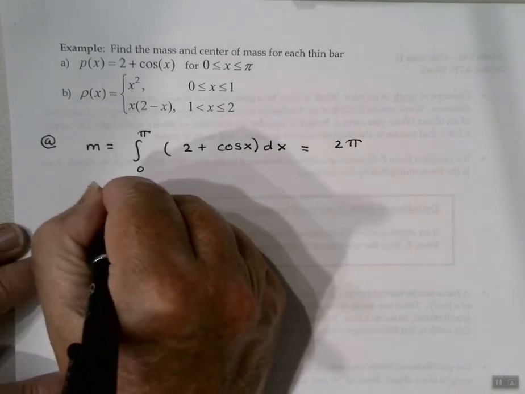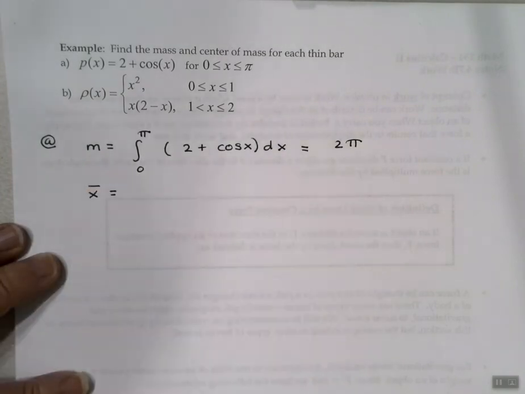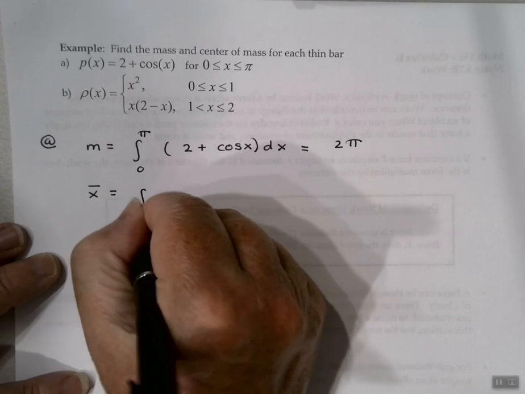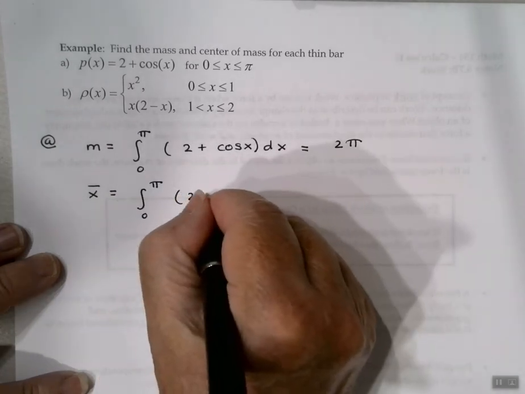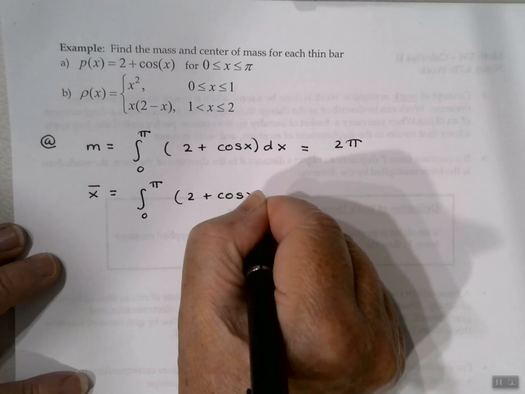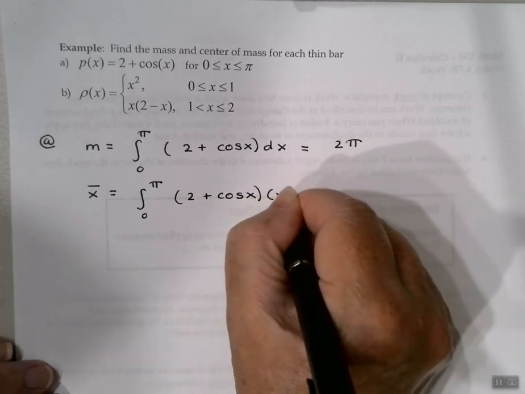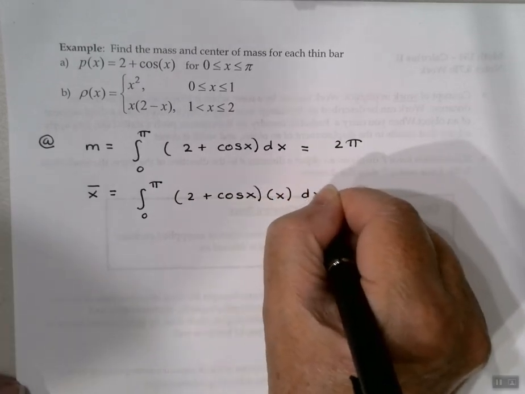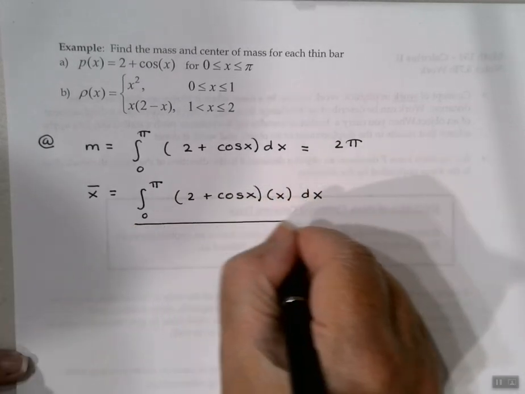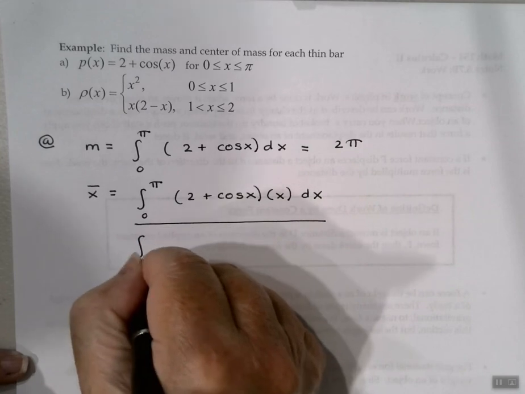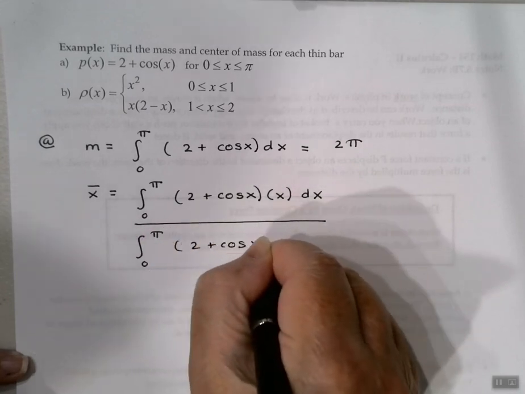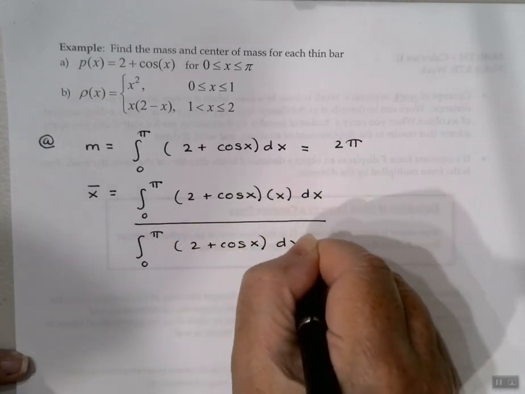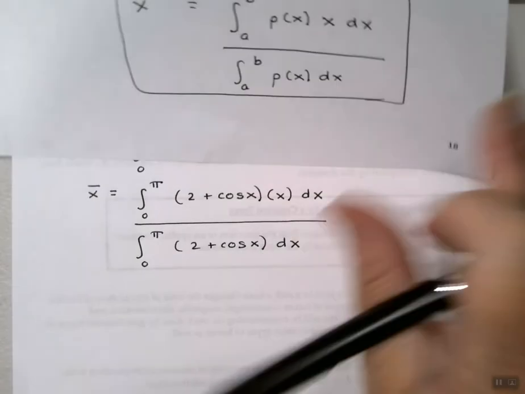To get the center of mass, I'm going to take the integral from 0 to pi of that same density function, 2 plus cosine x, times another x dx, over the integral from 0 to pi of 2 plus cosine x dx. Okay, notice I'm just using this formula now, right?